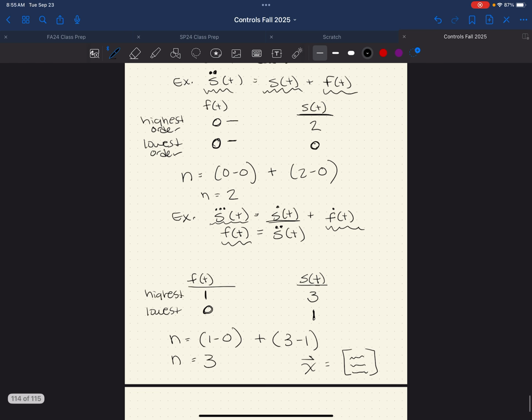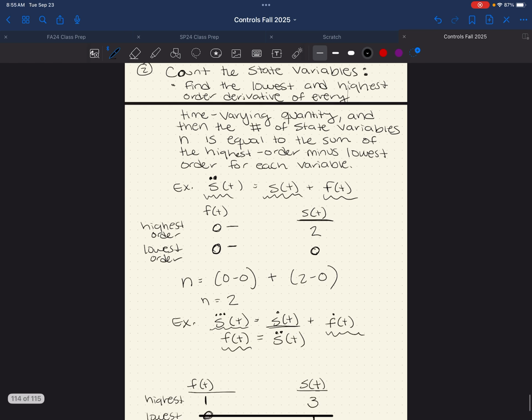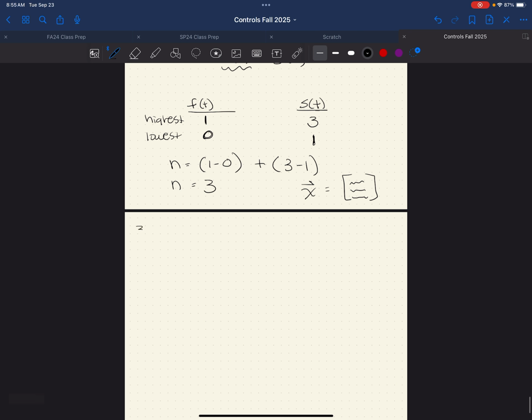Okay, so next thing we need to do, we'll put this as direction number 3. Step number 3 is list the state variables in a state vector.